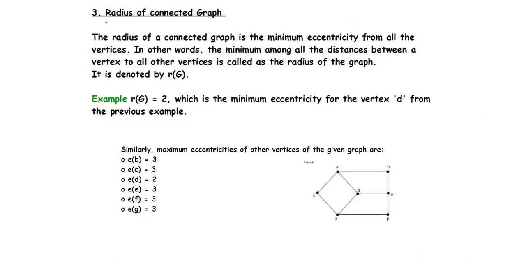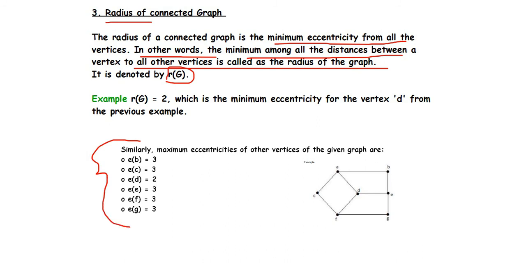So coming to the radius of a connected graph, the radius of a connected graph is the minimum eccentricity from all the vertices. In other words, the minimum among all the distances between a vertex to other vertices is called the radius of a graph, which is denoted by r of G. So for example, I'm taking the previous example in this example also.